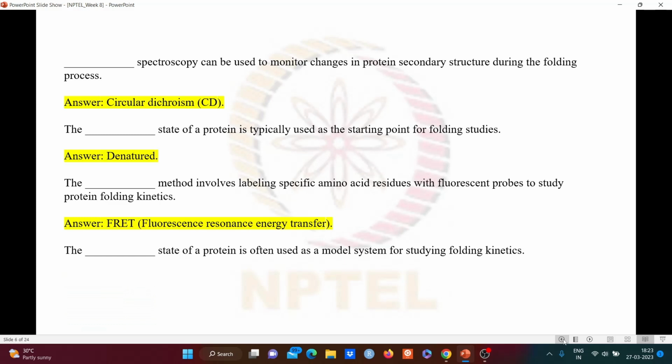So what state of a protein is often used to model the system for studying folding kinetics? What kind of reaction do we consider for studying protein folding kinetics? I gave you a hint here, whether we use a two-state system, single-state system, or a three-state system to represent the protein folding.